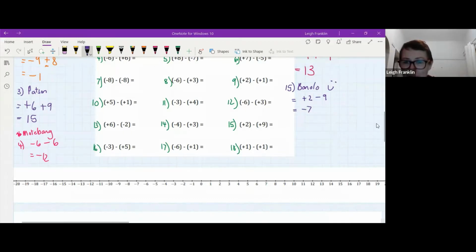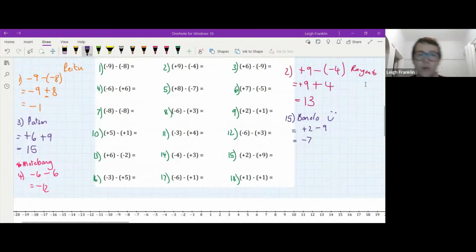Excellent. Okay, Intiyiso, you next. Go for it. Which one are you going to do, Intiyiso? Number 9. Go for it. What are we doing in number 9? So you say +2 minus 1 minus +1, and then you get +1.